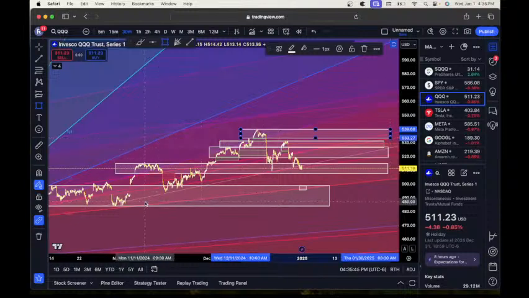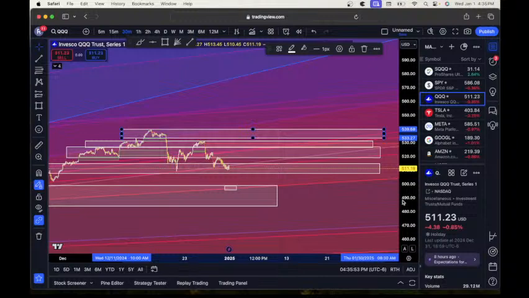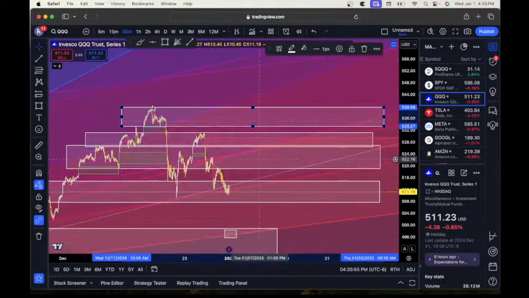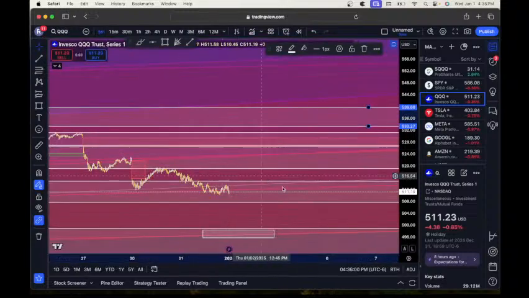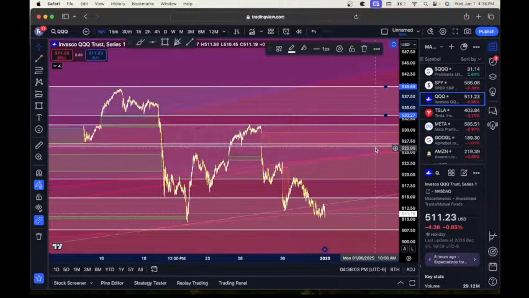Alright, so I pretty much got what I like so far. Yeah, I like it. I'm gonna ride with it. And then I'm gonna go into my 5-minute charts and start to look at how the price action is behaving to these previous levels.